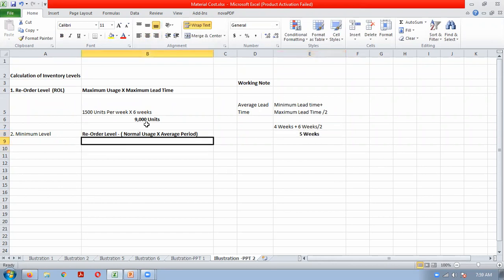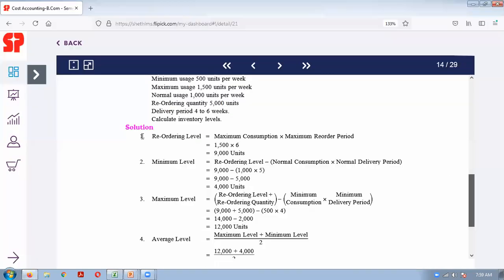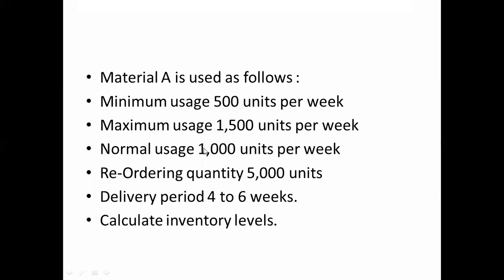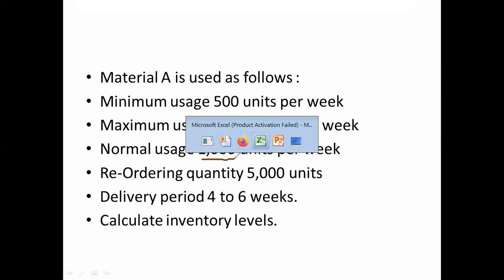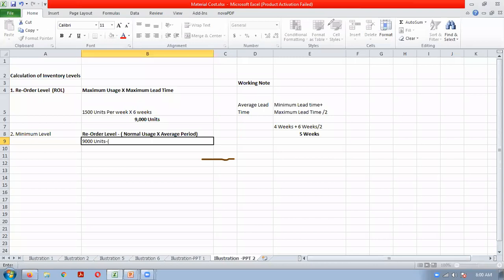So reorder level we are having, say, 9,000 units, minus normal usage, which is given in the question. Normal usage is 1,000 units into average lead time, which is 5 weeks.